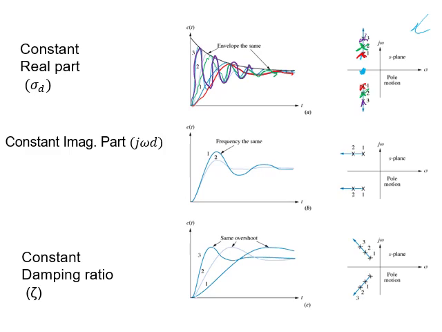I hope you can see them clearly. You will find the frequency of oscillation gets higher as the imaginary value is increased. The damping will be faster if the imaginary value is smaller. That's how we can evaluate.